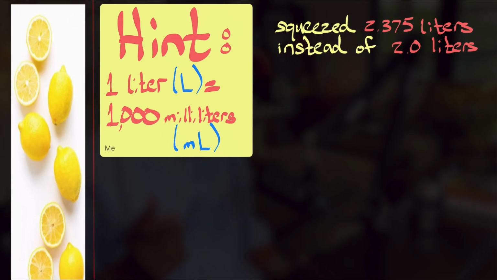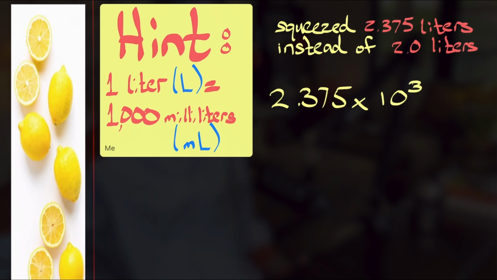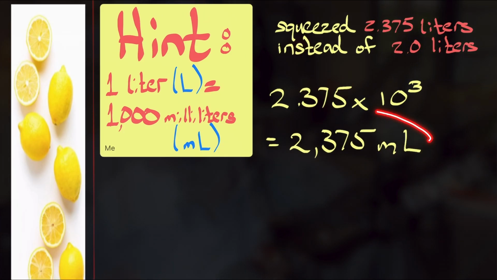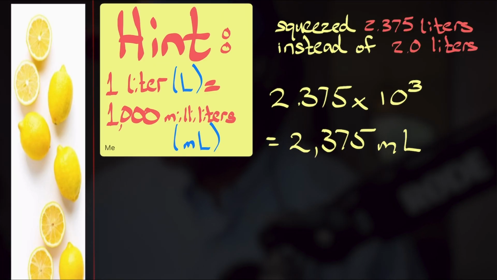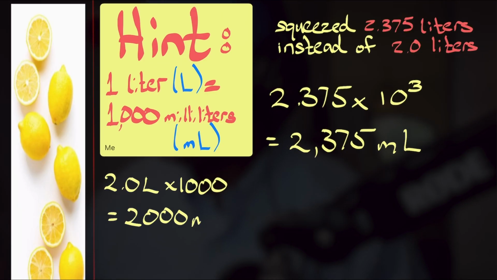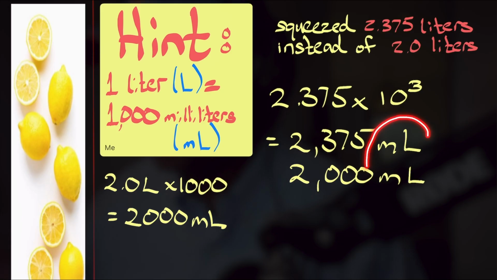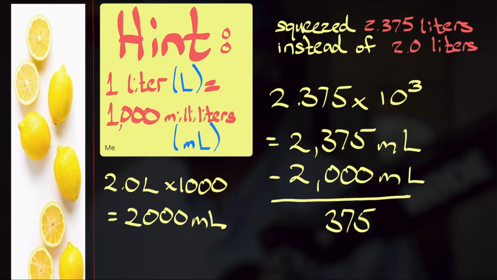So here we've got 2.375 times 10 to the third power, which means I move my decimal point over 3 places. That will produce 2,375 milliliters. When I subtract 2,000 milliliters, I make sure the unit is the same. That gives me 375 milliliters of extra juice.